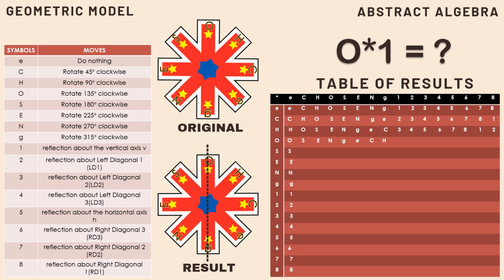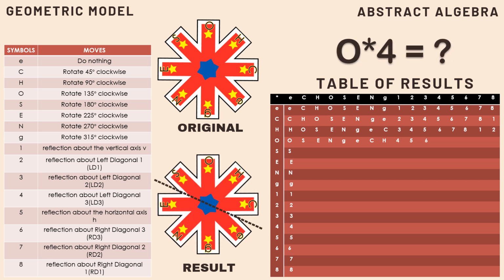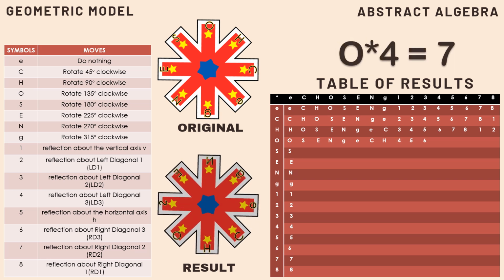Next we have O star 1 is 4. O star 2 is 5. O star 3 is 6. O star 4 is 7.